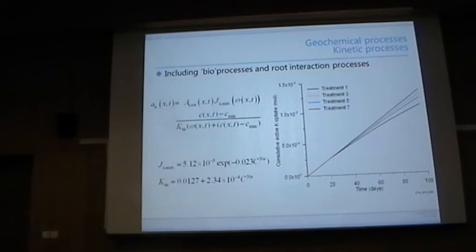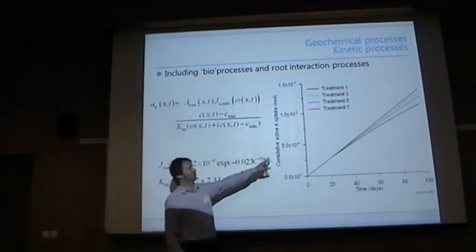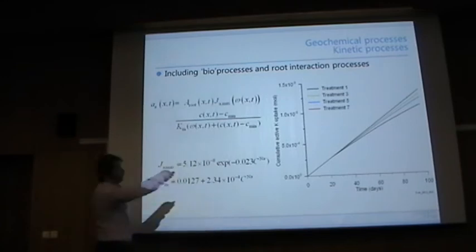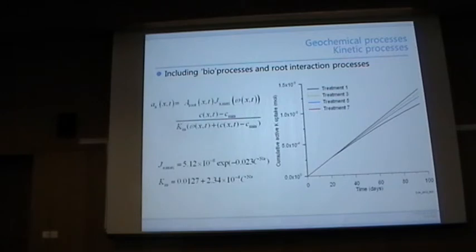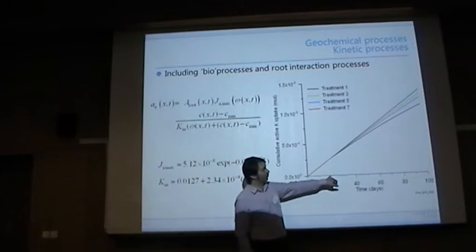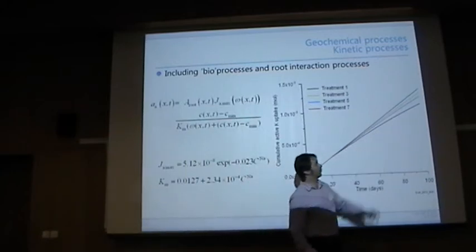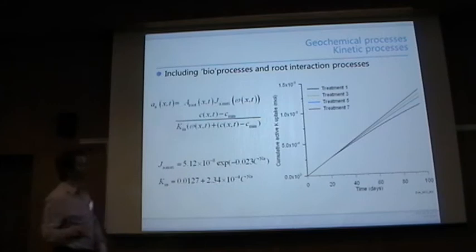In this example, which was introduced yesterday also, the uptake of potassium is simulated for different water treatments, and from treatment 1 to treatment 7, the salinity of these waters increases due to higher sodium concentration, and so that puts some salt stress, and the uptake of potassium is smaller when the salinity level is much higher.